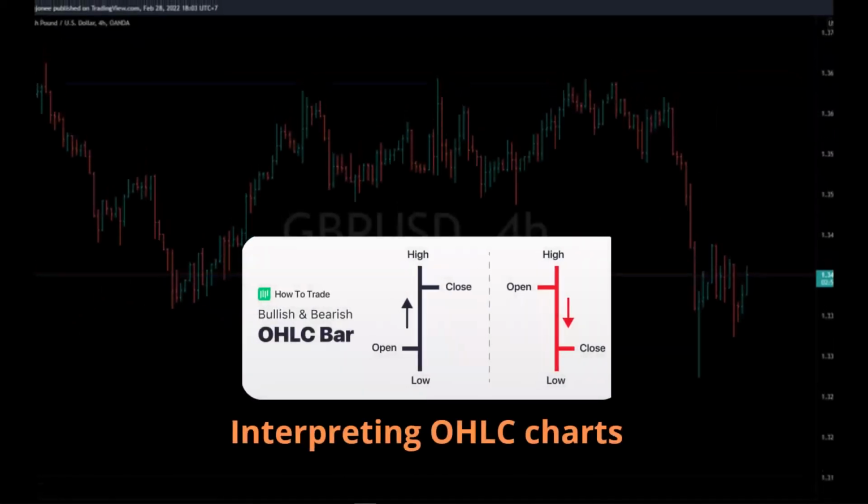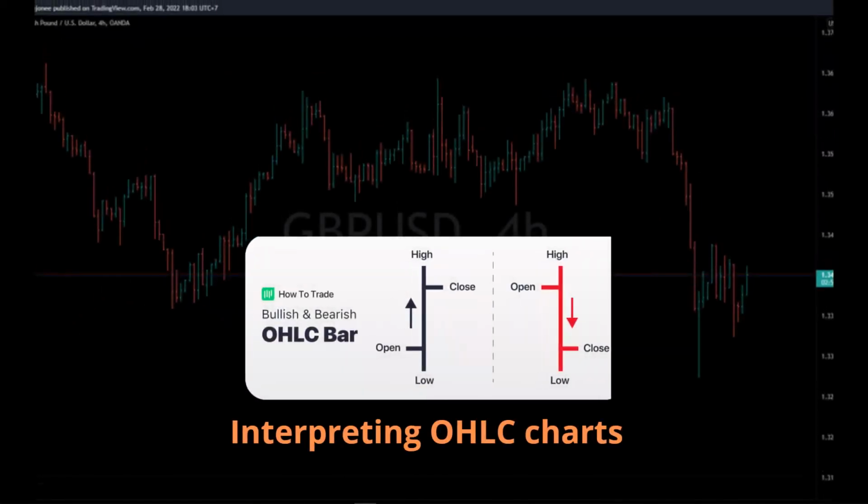There are several different techniques that technical analysts use to interpret OHLC charts. Here are several examples. Vertical height. The vertical height of an OHLC bar is indicative of the volatility during the period. If the line height is great, then traders know that there's a lot of volatility and indecision in the market.